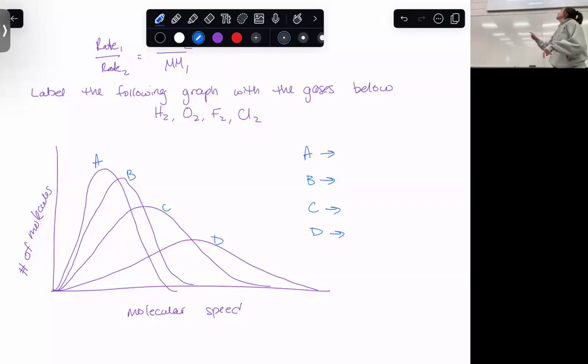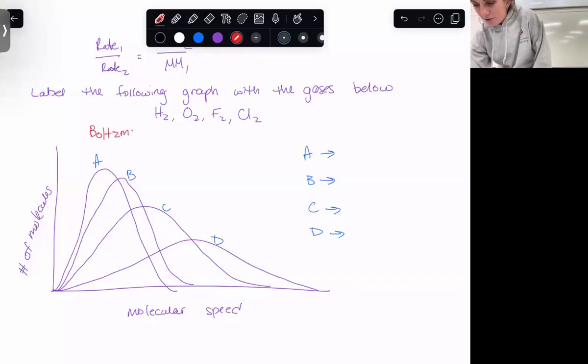Or does anyone know what this graph is called first? It does start with a B. Yep, so this is one of your Boltzmann distributions.